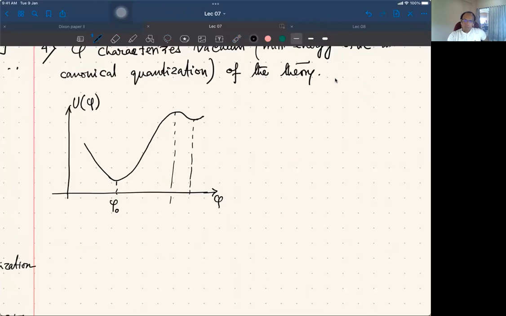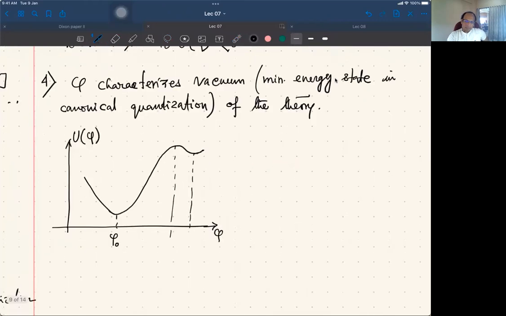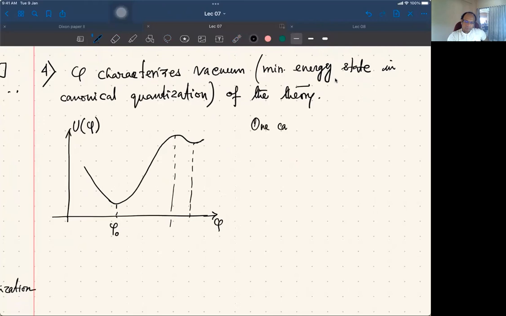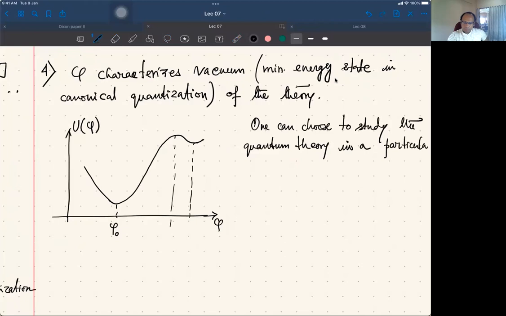So one can choose to study the quantum theory in a particular vacuum, say given by phi 0.